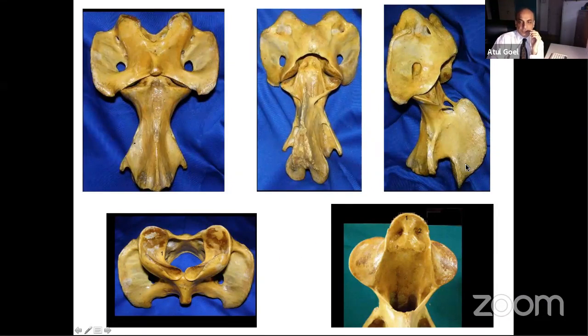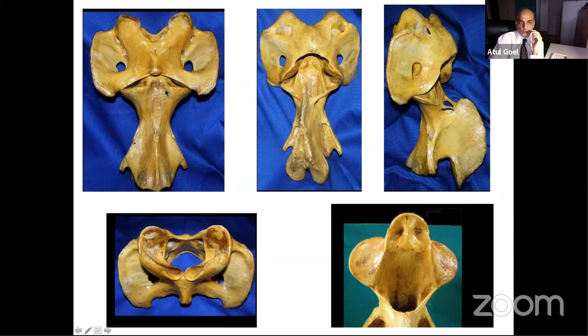This is the C2. You see the quite large spinous process of the C2. You see the facet of C1, the articular; this is C2, this is the odontoid process. You just see the odontoid process in its divinity. This is the C2.